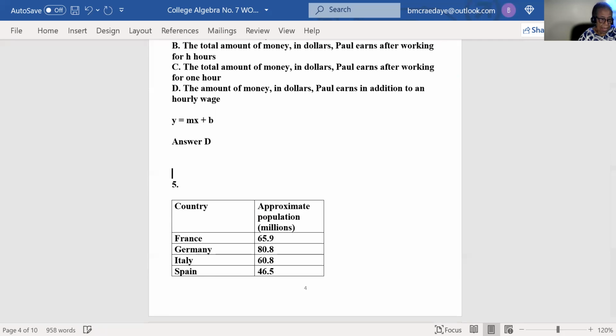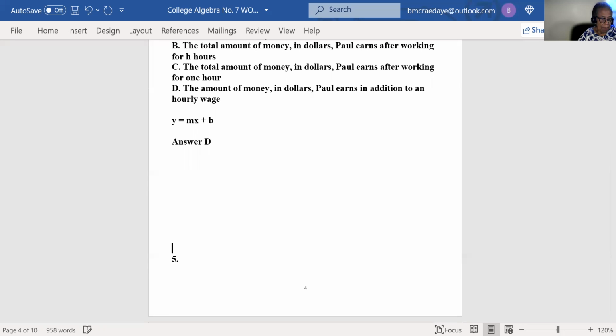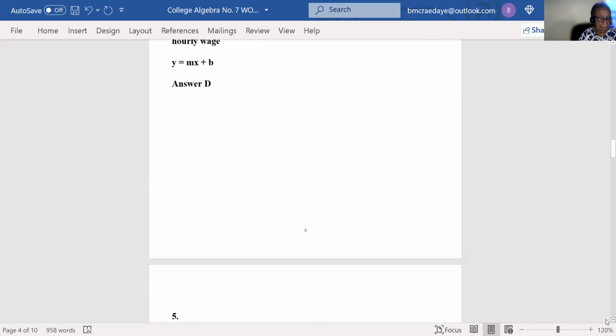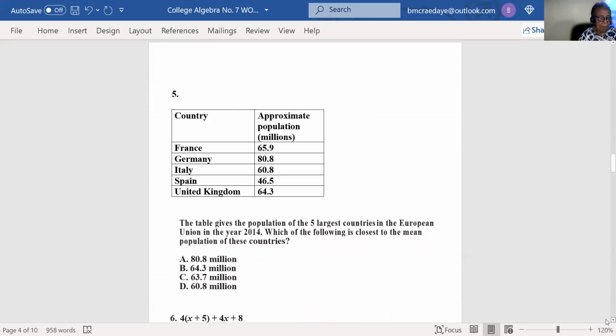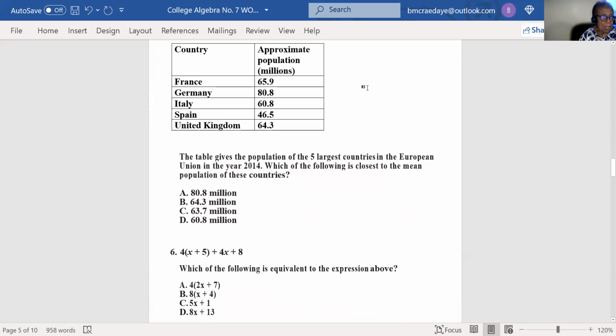I think number 5 is a mean problem. Calculate the mean. And you remember how to calculate the mean. Add up all your items, divide by the number of items. So you have a table here. You have countries and you have population. And what we define is which of the choices here is closest to the mean population of these countries.